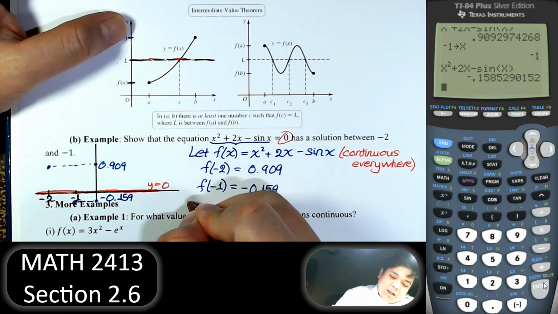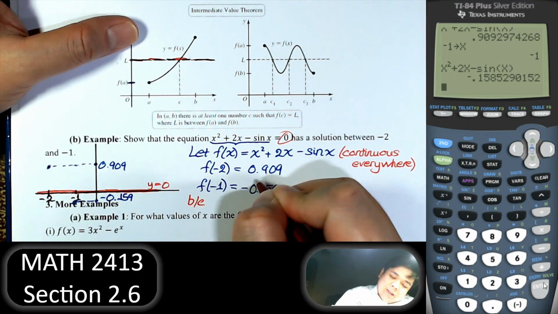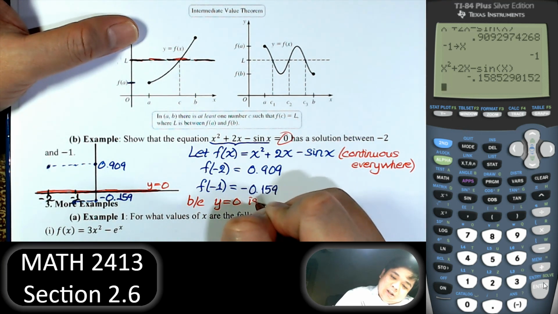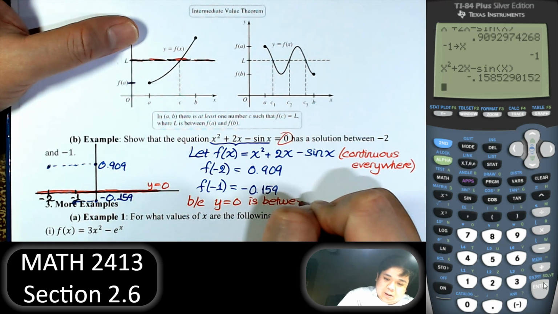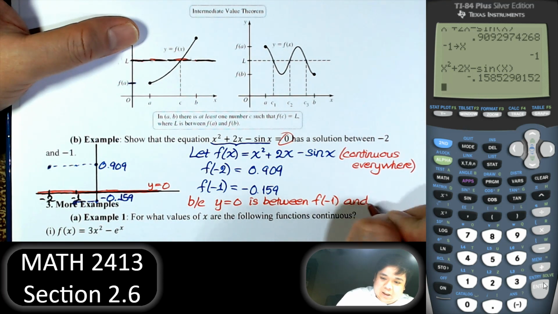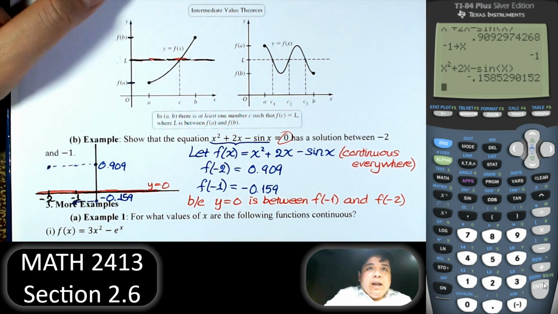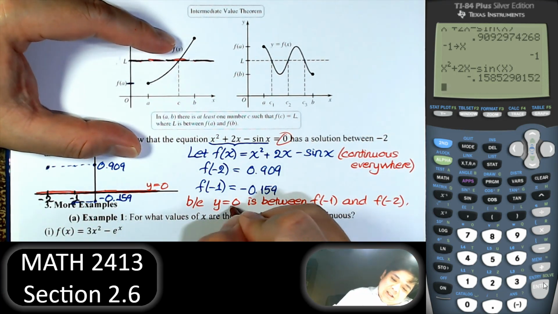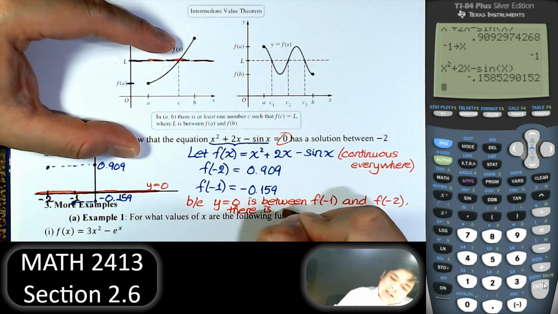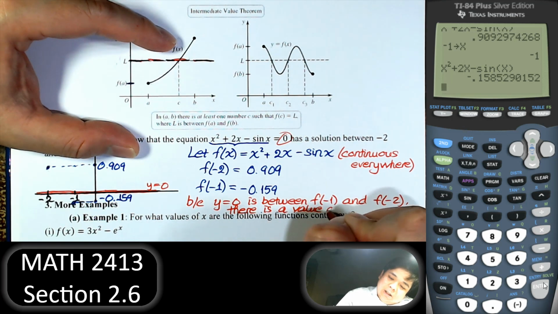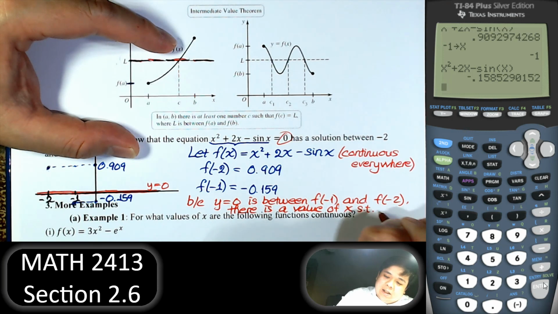So let me write this: because 0 is between the endpoint values, there will be an x between -1 and -2 such that the value of the function is equal to 0.